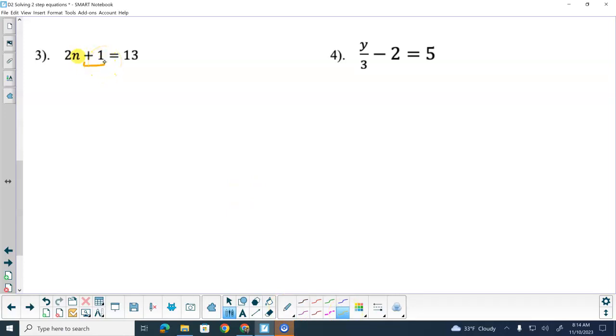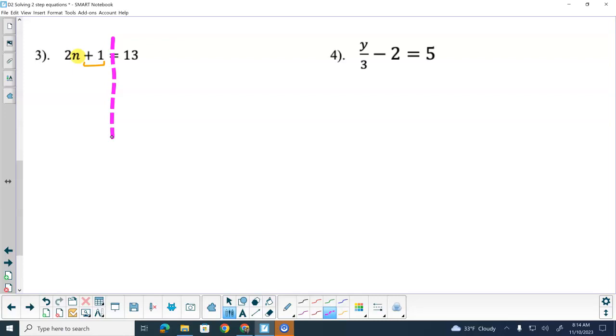We got to get rid of that plus or minus whatever first. Okay? Again, if you choose to put the line right down the middle of your paper or of your equal sign, that's totally fine. You don't have to, but some people do. Okay? All right, so how am I going to clear that +1?